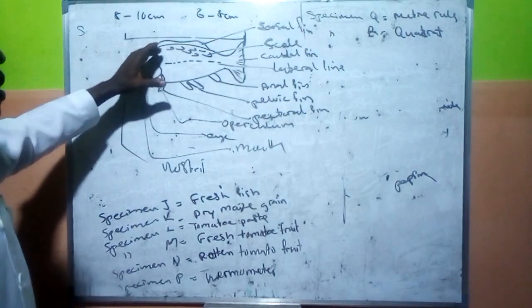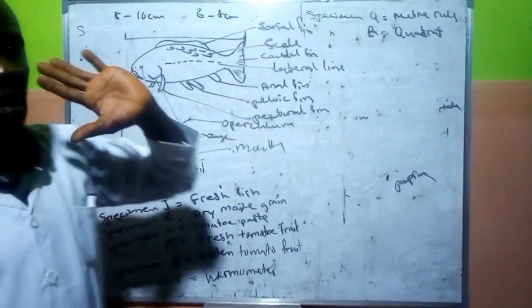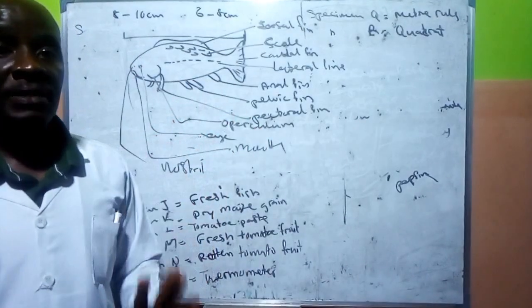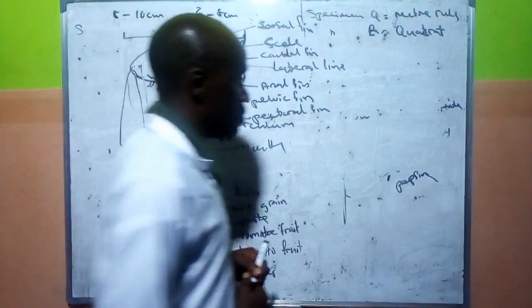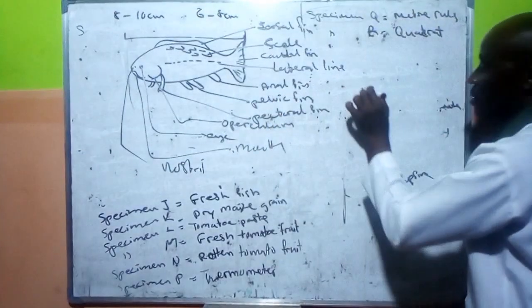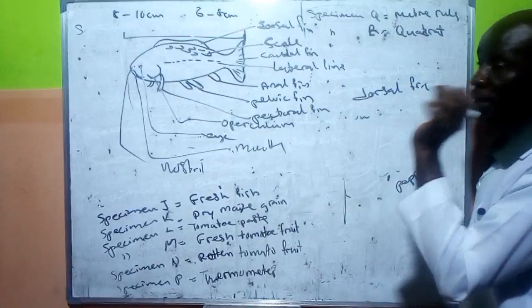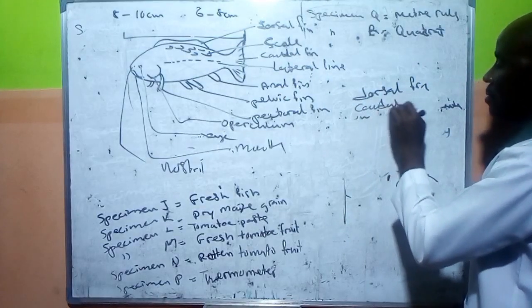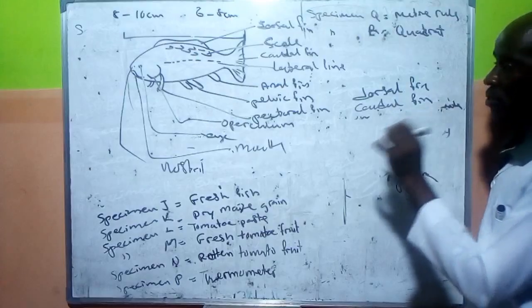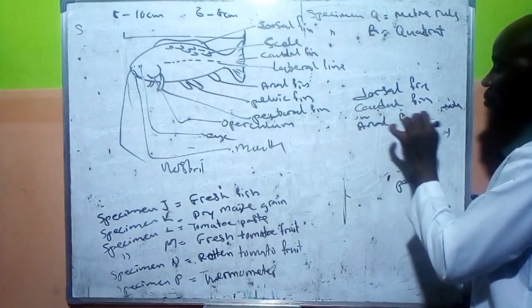So in fish, it has three unpaired fins. Three of them. One is the dorsal fin, which is not paired, it's single. And we have the caudal, also single. We have also the anal, also single.